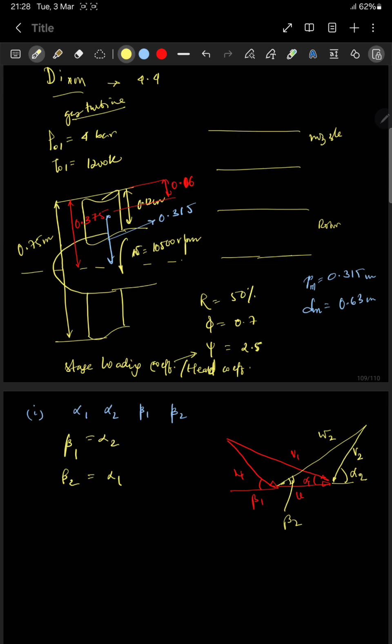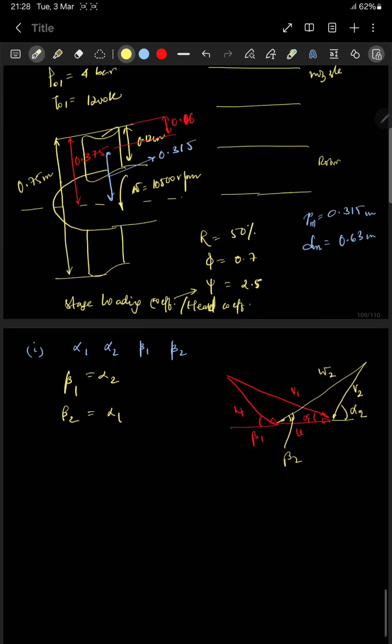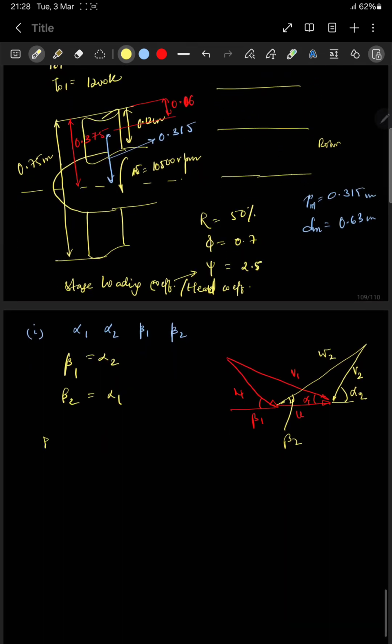This means my reaction is 50%. We have R for a turbine is 1 by 2 times phi, cot beta 2, which one is less? Beta 2 is less. cot beta 2 minus cot beta 1, and we know psi is phi times cot beta 2 plus cot beta 1, right?